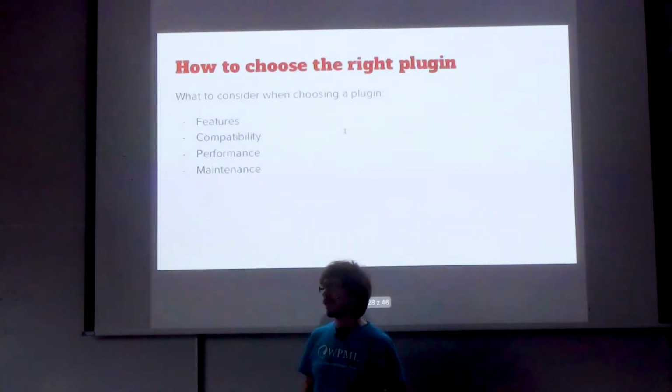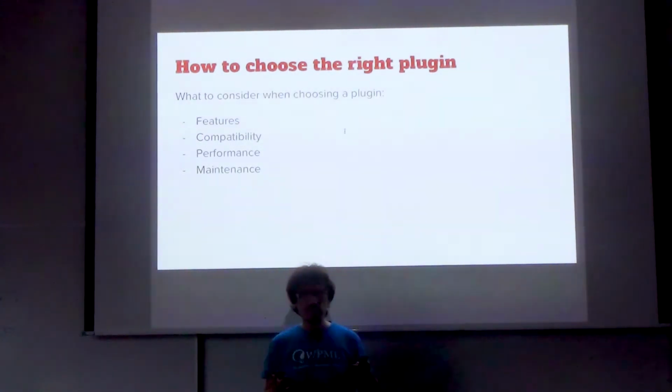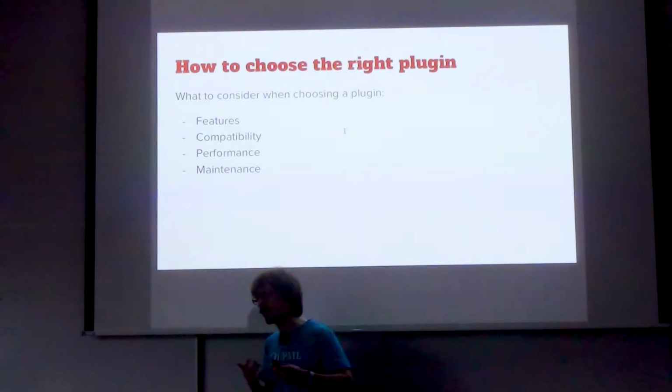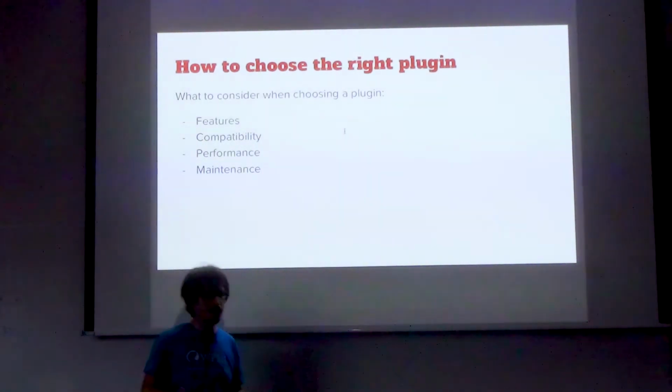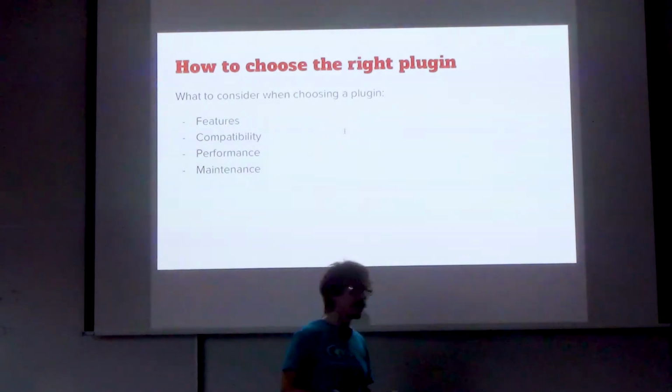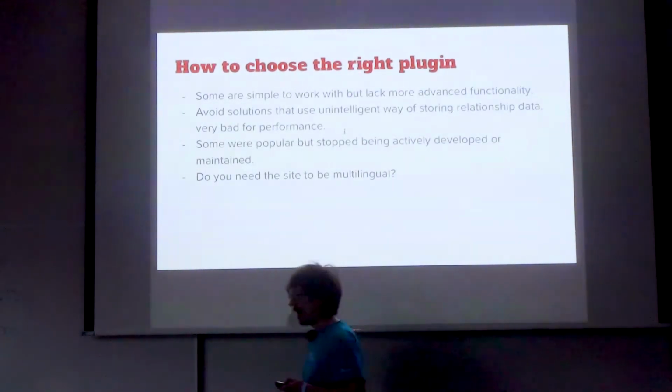Basically, if this interests you, I suggest looking for a plugin that's right for you. And I listed four important things: features, compatibility, performance, and maintenance. Let's take a look at why this is important.